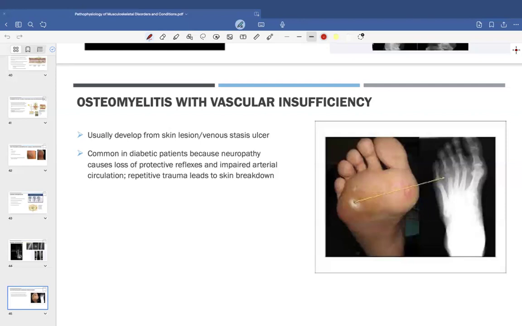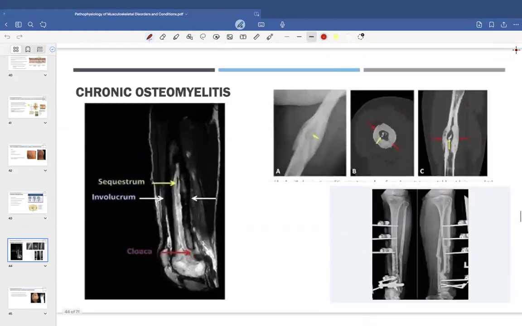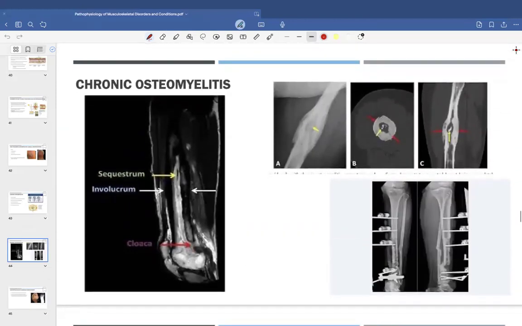Oftentimes they'll follow it up. This one with the pins, are you gonna put that in an MRI machine? No, it depends on the material.